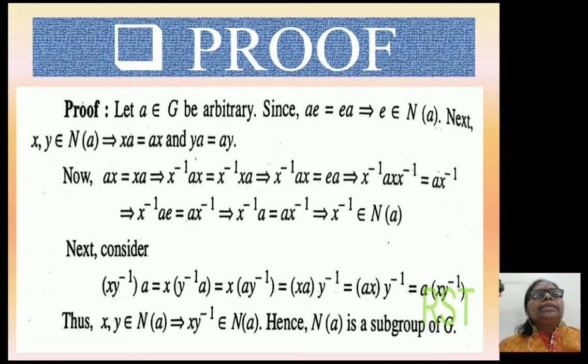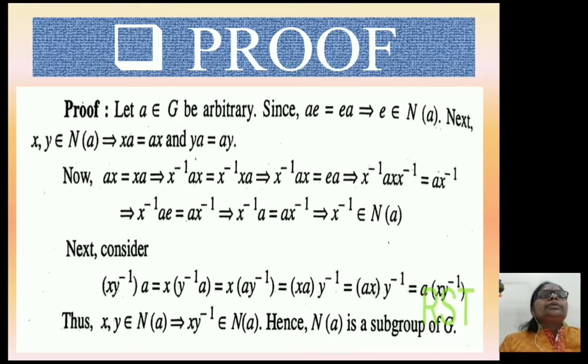This implies x inverse into a into e, where e means x into x inverse equals e, equals the RHS as it is, a into x inverse. This implies x inverse into a, since ae equals a, equals a into x inverse.